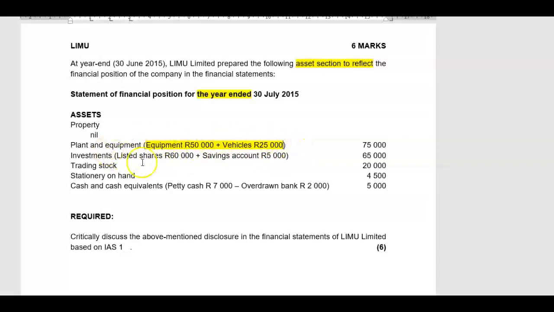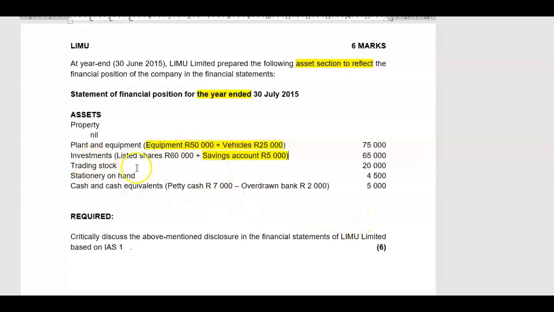Again, no calculations on the face of the statement of financial position. Savings account. Savings account is not a financial asset. A savings account should be shown as part of cash and cash equivalents. So in other words, our financial investments would have been 60,000 Rand, with a note explaining that.